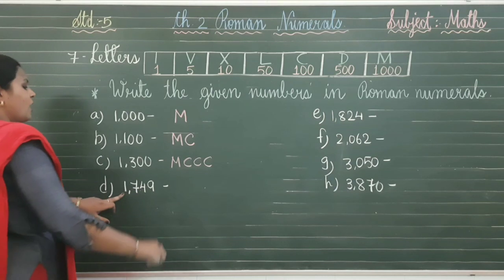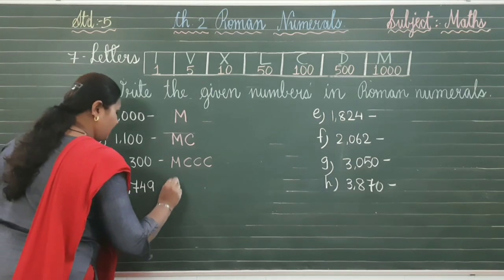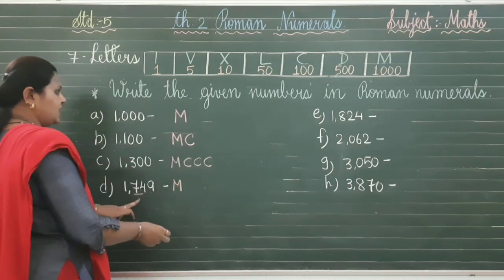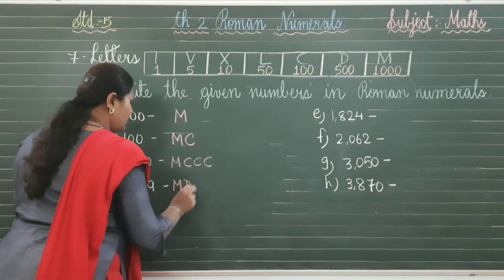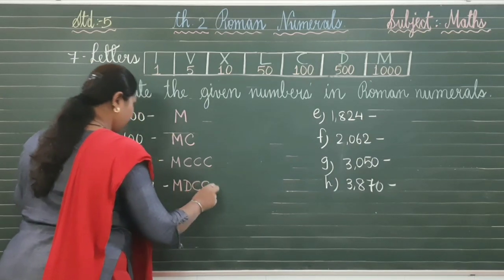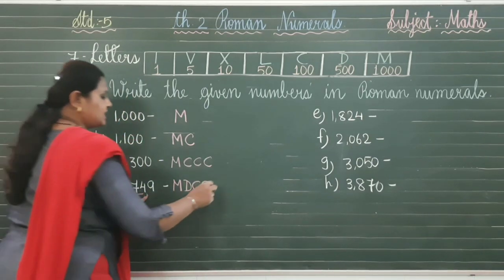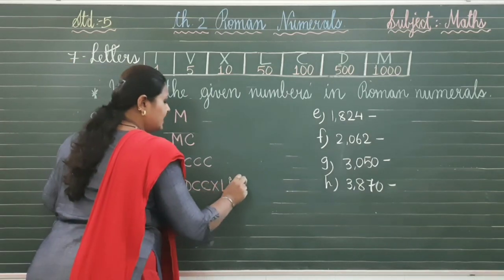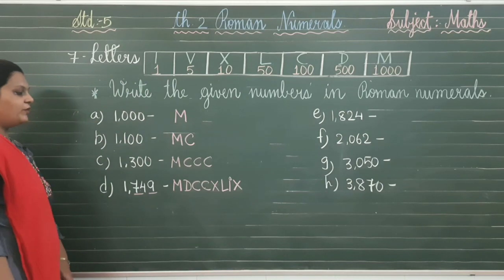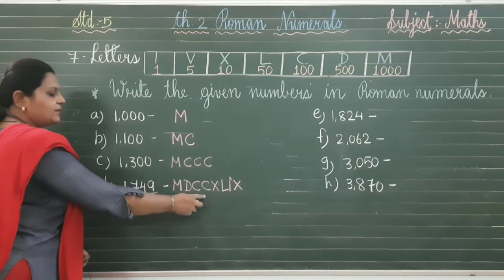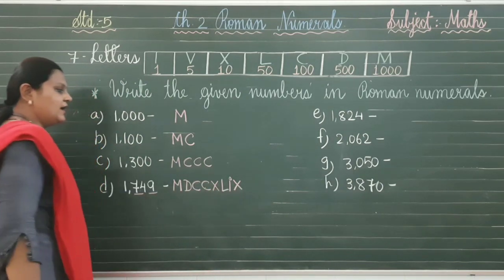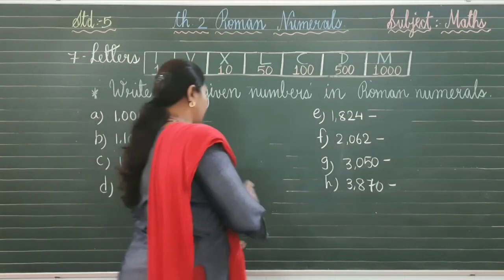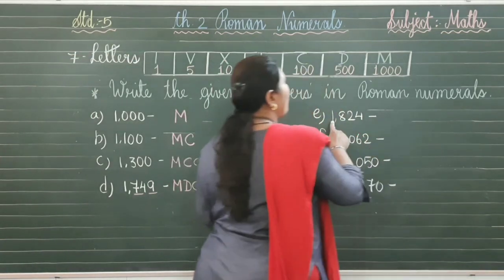Divide the number. 1000 means M. 700 means 500 plus 600 plus 700. Then 40, XL. Then 9, IX. So which number formed? MDCCXLIX.